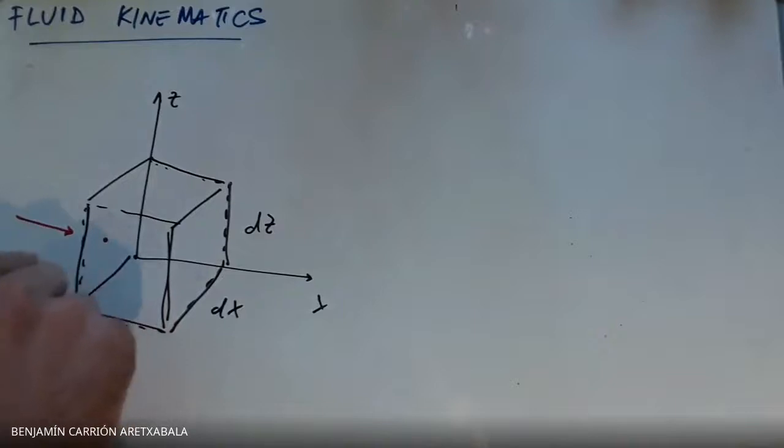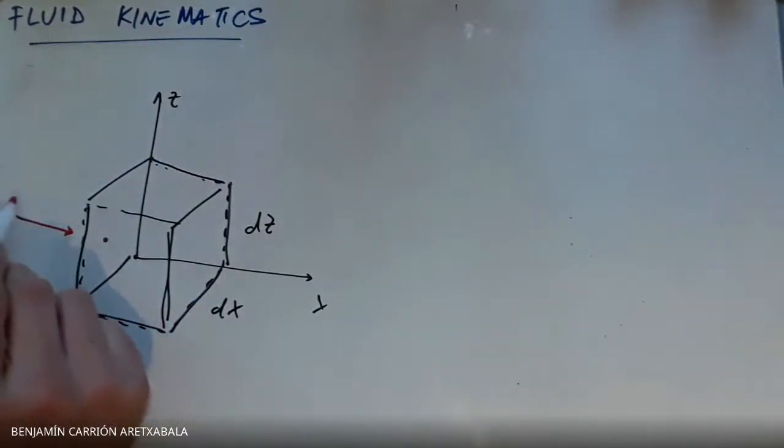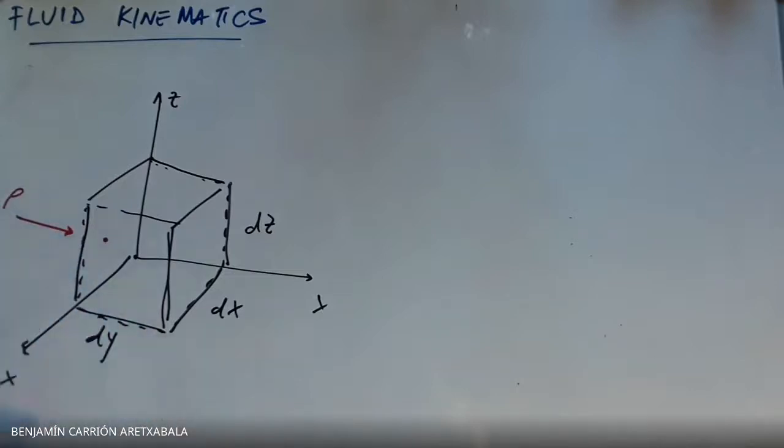So let's say we have water coming in with a certain velocity, with a fluid of density rho coming in. I'm going to follow the convention that I just drew, which is slightly different from the one on the slides, but it shouldn't matter.